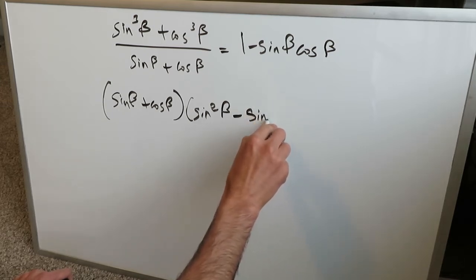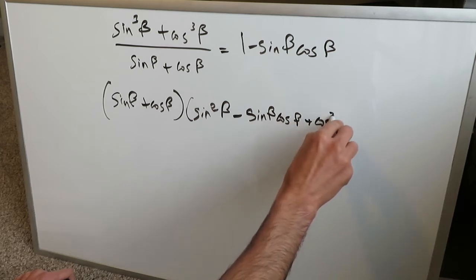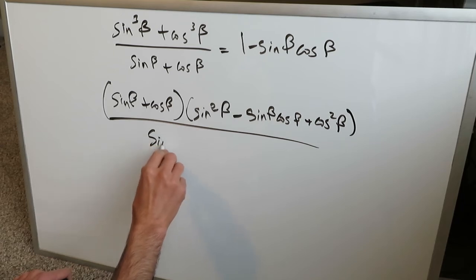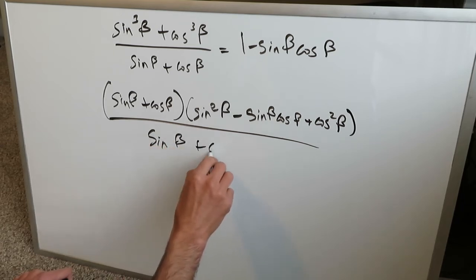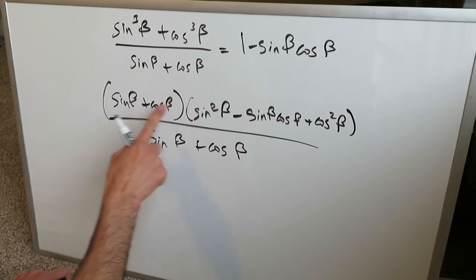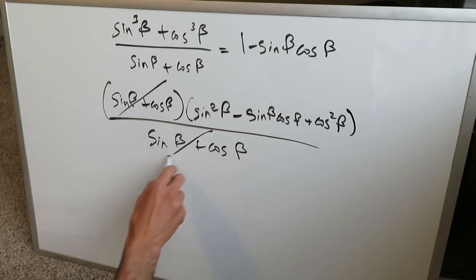You'll have a sine beta, cosine beta, and then plus cosine square beta. Over here in the bottom you have exactly what you see. You're never going to do anything with that until it comes time to cancel things out. If you're not able to cancel this out, it means your original factoring template is wrong, that you used the wrong template. You cancel it out.